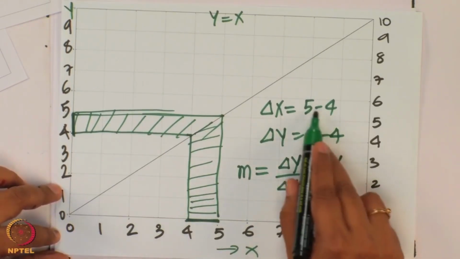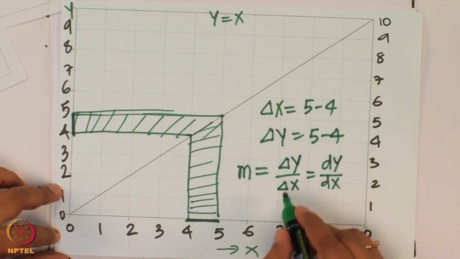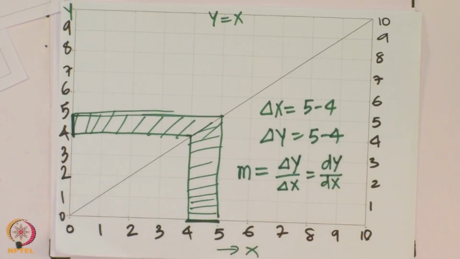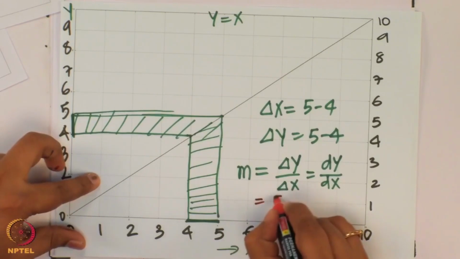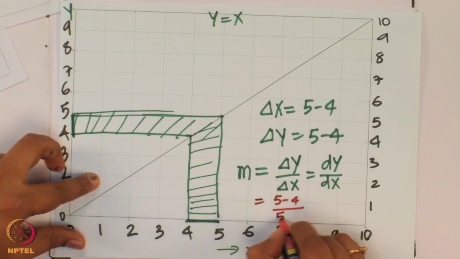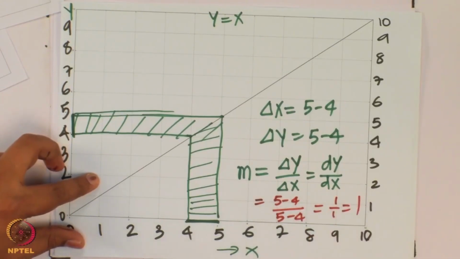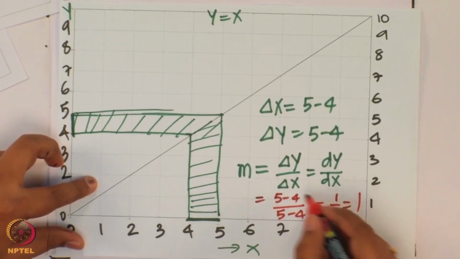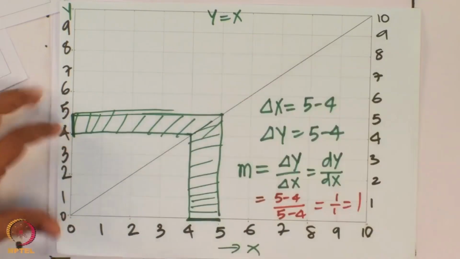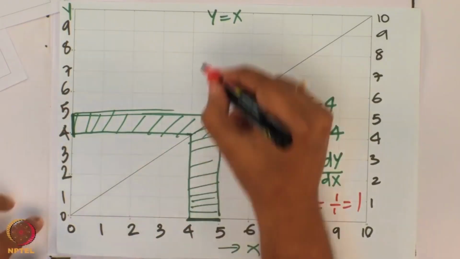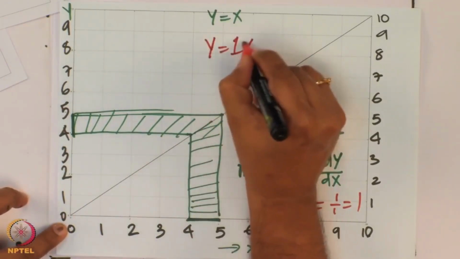This is 5 minus 4 divided by 5 minus 4, which is 1 by 1, which is 1. So basically the slope of this curve is 1, which we knew, since y is equal to 1x is our curve.